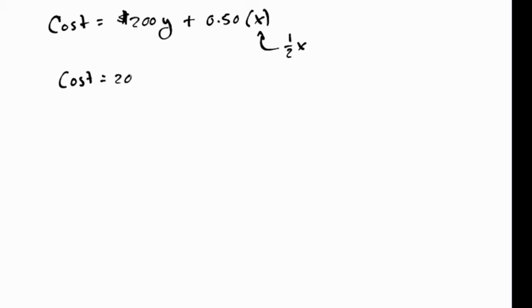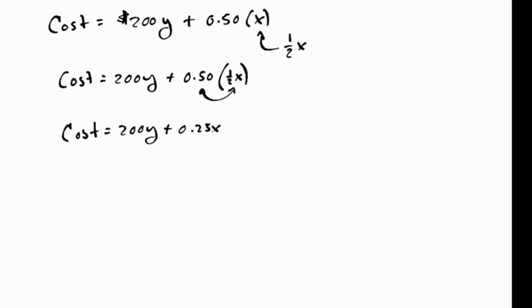Our cost equation is $200 per cycle Y plus 50 cents per batch X. But now we're not paying 50 cents on the entire batch, we're paying 50 cents on half the batch. So the cost equation becomes 200Y plus 50 cents times half X, and 50 cents times half X gives us a new cost equation of 200Y plus 0.25X.